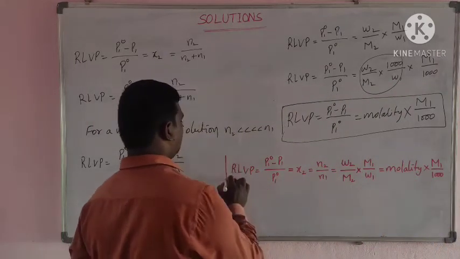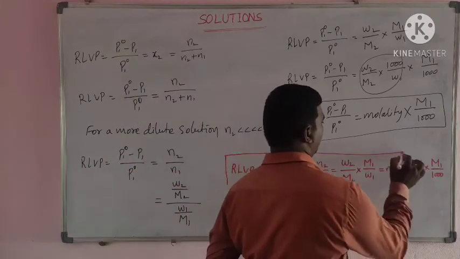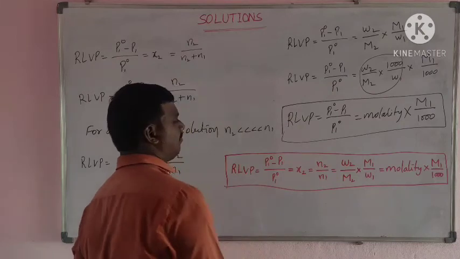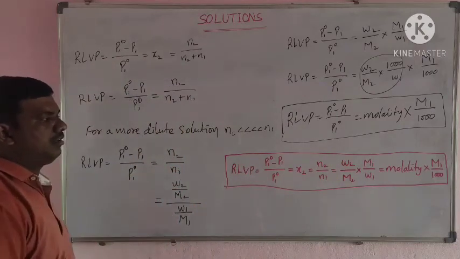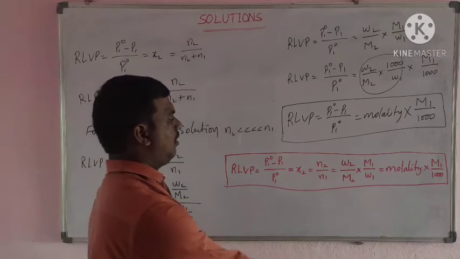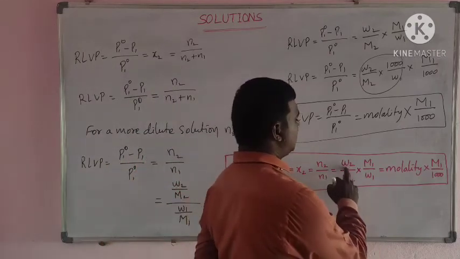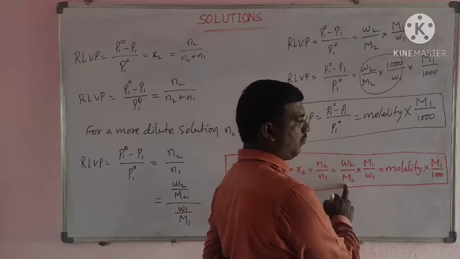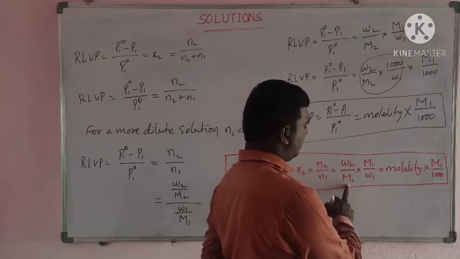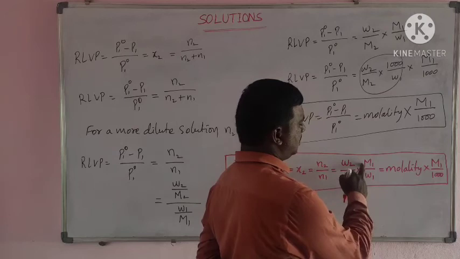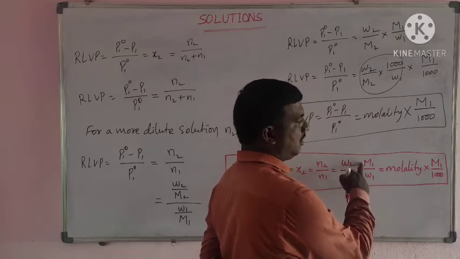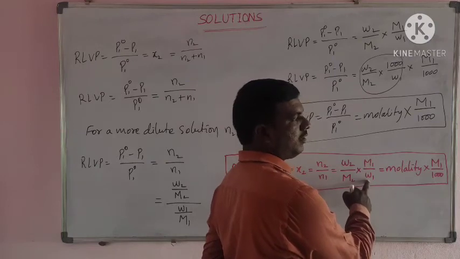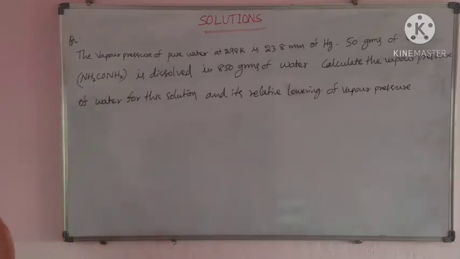This is the relative lowering of vapor pressure formula. Here W2 is mass of solute, this is molar mass of solute, this is molar mass of solvent, and this is mass of solvent.